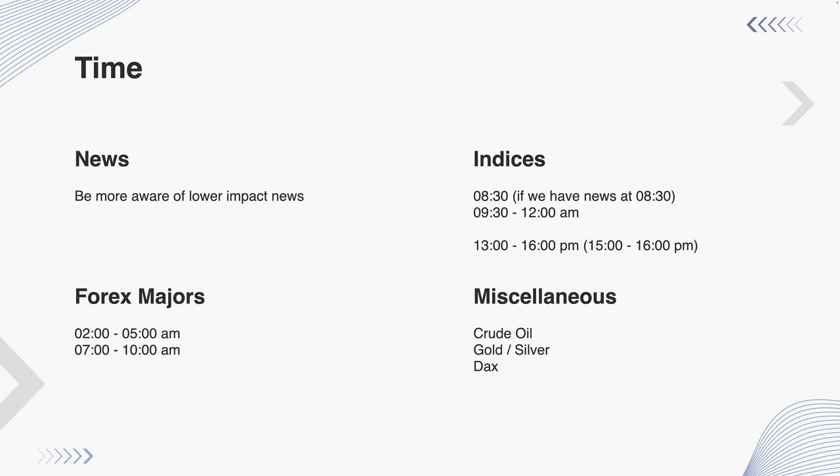So if you want to be on a 1 minute time frame, you need to be more aware of the certain times that we have. Right here, news. Be more aware of lower impact news. And I'm not referring to yellow folder news, of course, unless you're trading crude oil and you want to look at crude oil inventories. But I am also talking about US dollar unemployment rate, for example. Also red folder news, where I would not necessarily pay attention to that if I'm trading a filtering process.